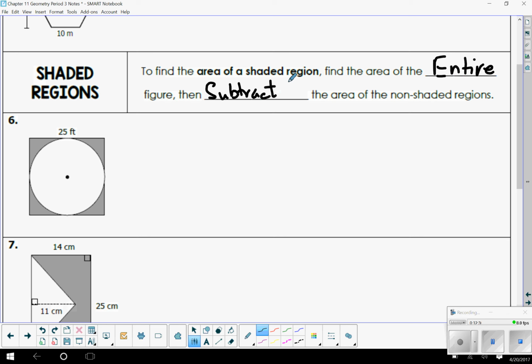So for shaded regions, you always want to take the area of the big and subtract out the area of the small. That's going to give you the area of the shaded.